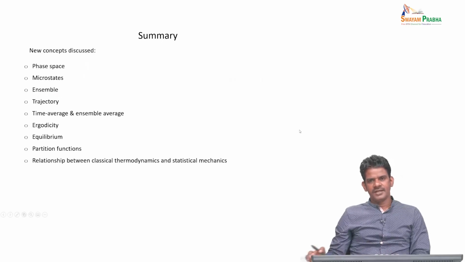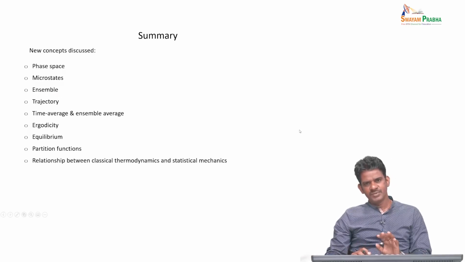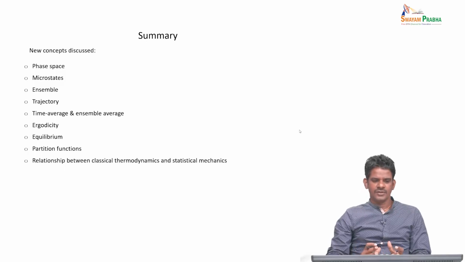With that, I would like to summarize that in this lecture, we talked about a different set of phrases and concepts, and these may be very new to many of you, but this is very important for MD simulations if you want to understand their full potential.